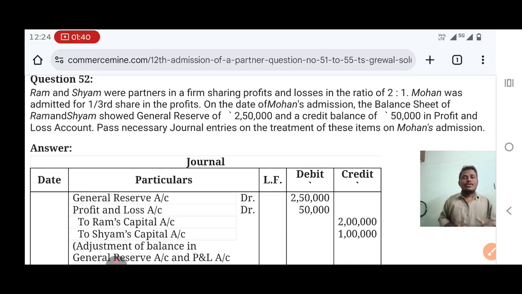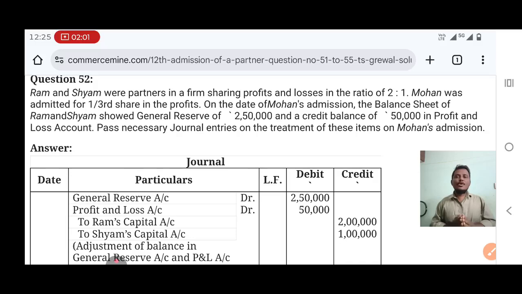So now a credit side of 50,000 in profit and loss account means it is in the liability side of the balance sheet. So now general reserve and profit and loss account both are liabilities. Please listen to me very carefully.